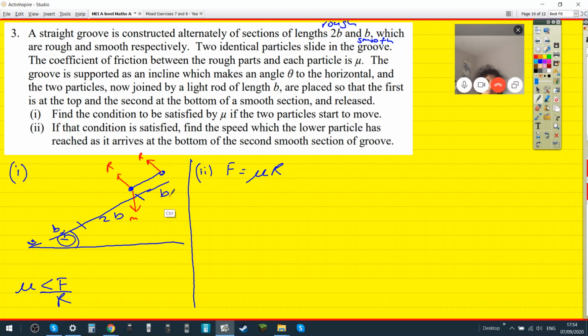It's a light rod, is it? Yeah. I think they'd have separate force diagrams. There'd be tension in the rod.